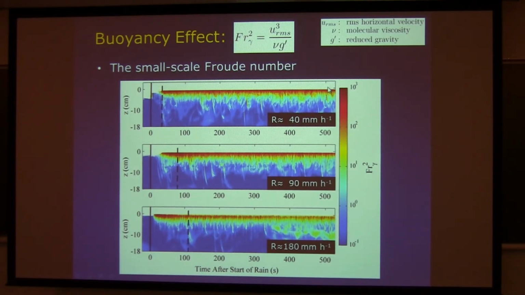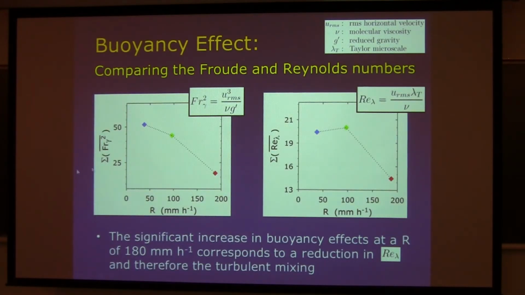But I propose that if you let that low rain rate continue over time, you would see an order of magnitude drop, given enough rain on the system. If you calculate the average small scale Froude number for the 3 rain rates, you see that the average Froude number decreases with increasing rain rate, as expected.